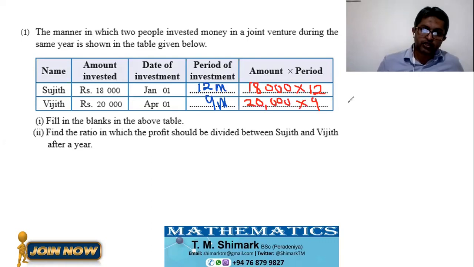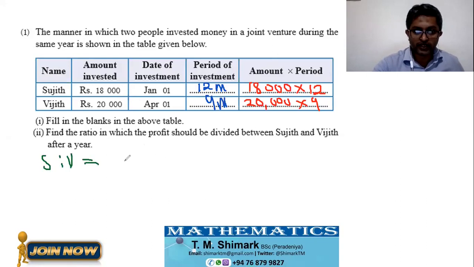Find the ratio in which the profit should be divided between Sujit and Vijit after a year. So Sujit to Vijit, Sujit is the first one, right? 18,000 multiplied by 12 is to 20,000 multiplied by 9.